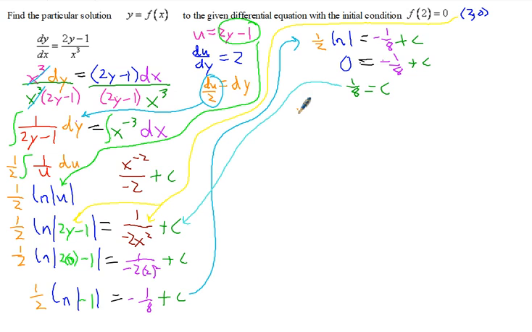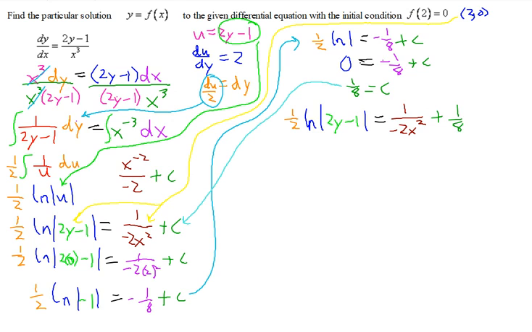So now we've got 1/2 natural log absolute value of 2y minus 1 equals 1 over negative 2x squared, and we just figured out c is positive 1/8.